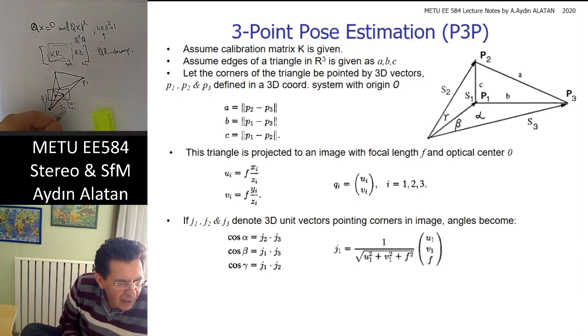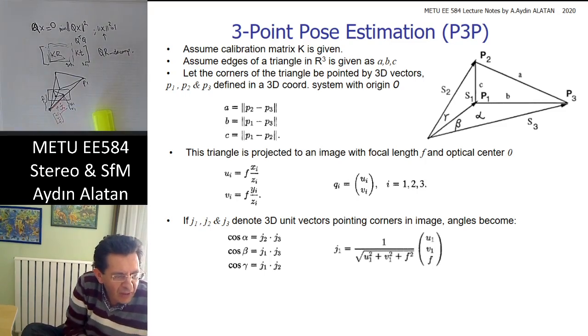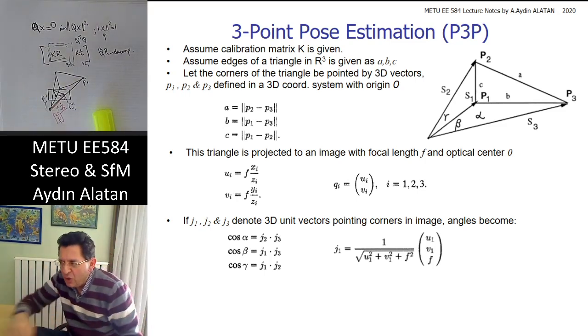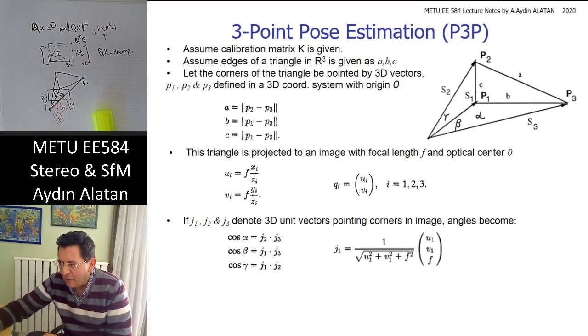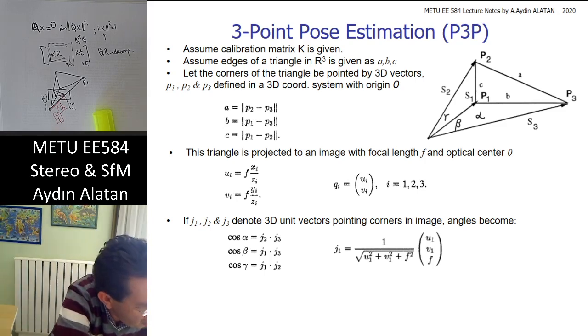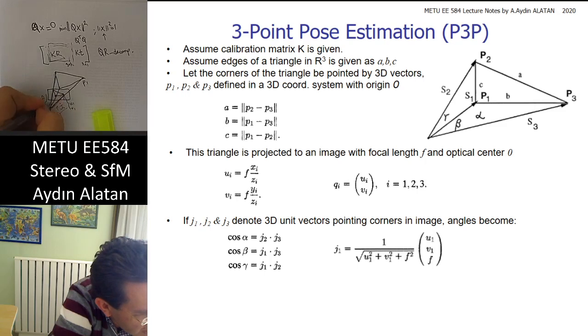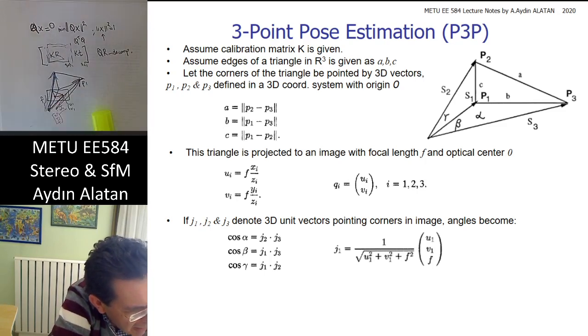This red vector is equal to U1, V1, and F. J1 is the unit vector corresponding to that. Now, let's consider this little trigonometric trick here. Please note between this blue one and this black one, P1, okay?